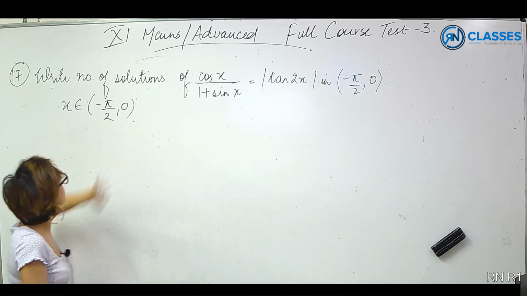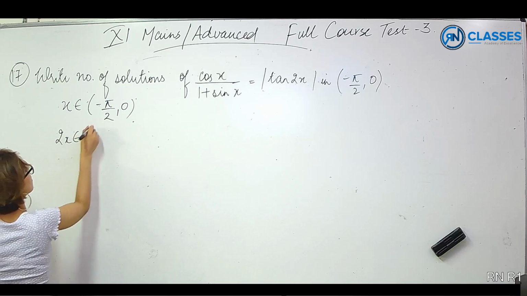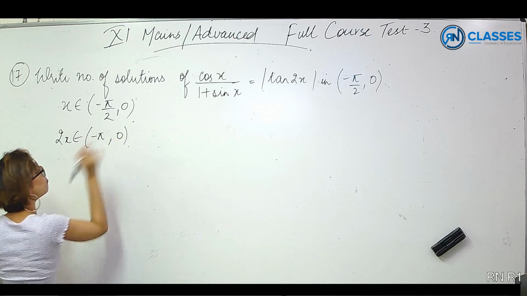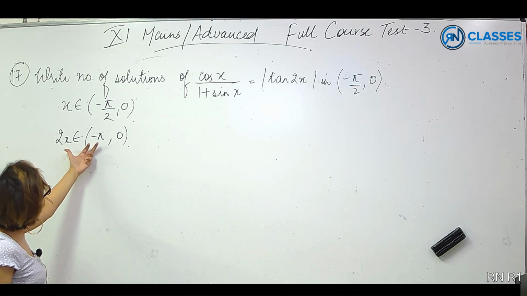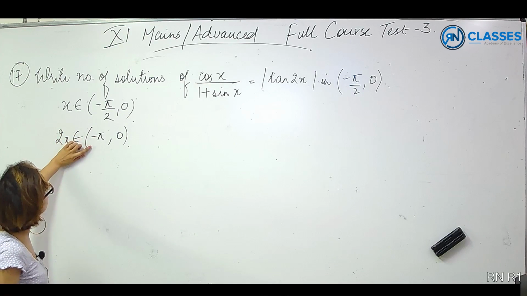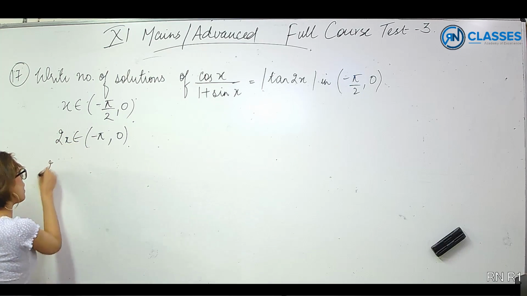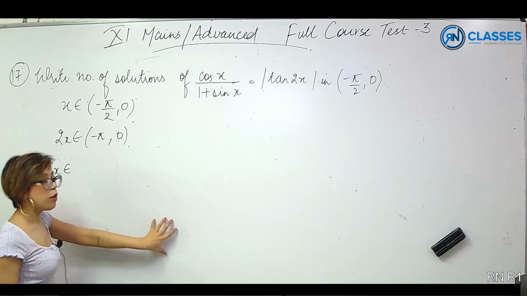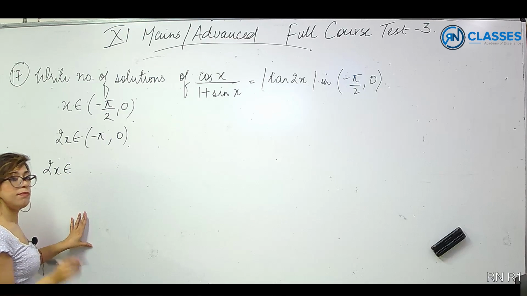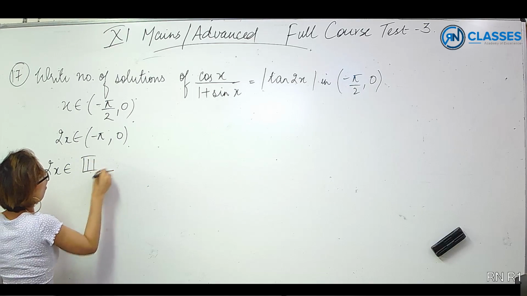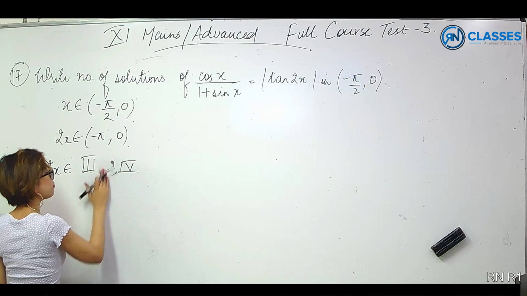So if x belongs to this interval, 2x belongs to this interval, minus pi to 0. Right? Now this 2x lies from minus pi to 0. So that means 2x belongs to either the fourth quadrant or the third quadrant.